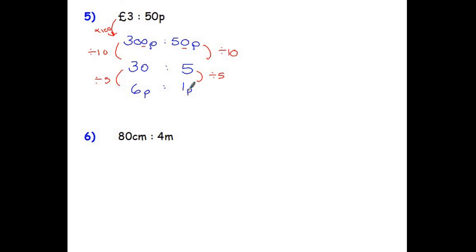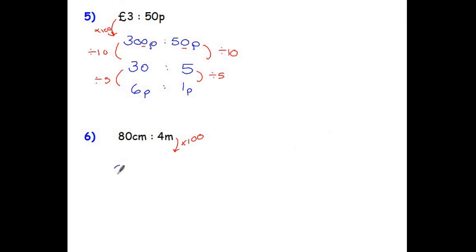So the next question is 80 centimeters to 4 meters. Again, different units, we want to make them the same. And again, I would make them into the smaller units. I would change the meters into centimeters. There are 100 centimeters in a meter, so we need to times that by 100.